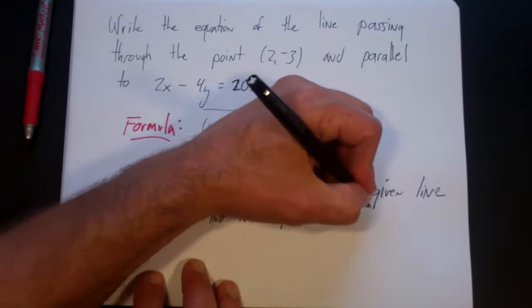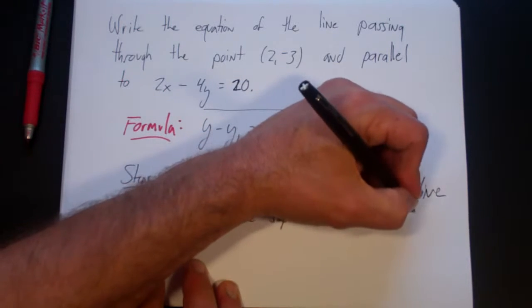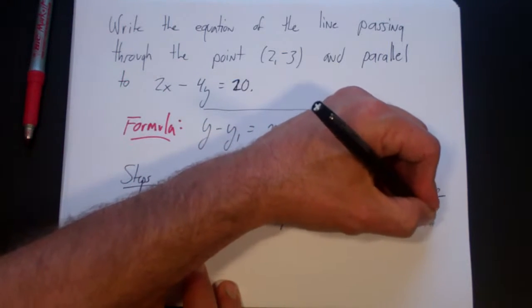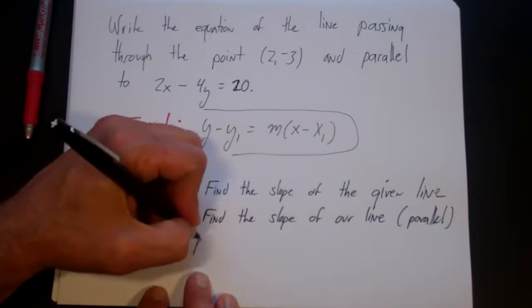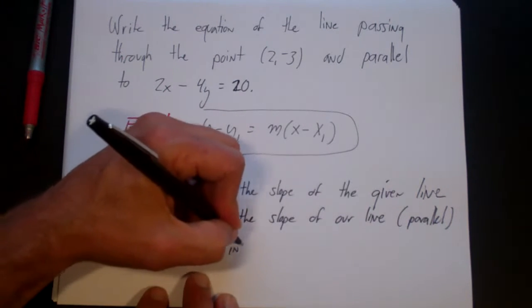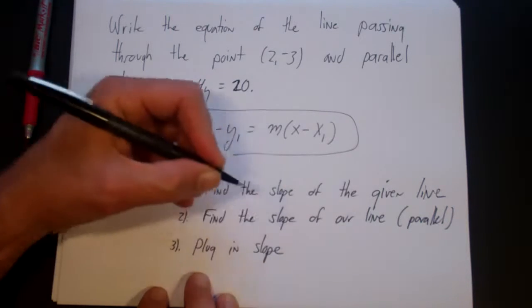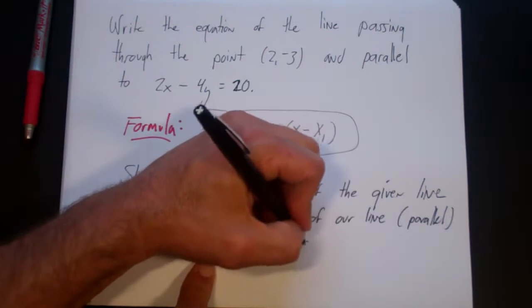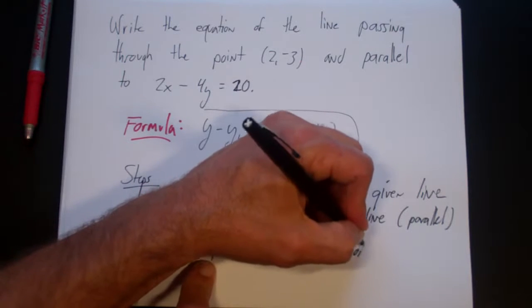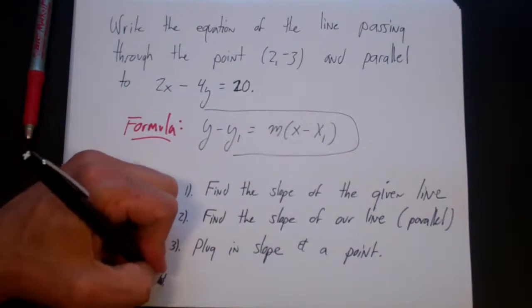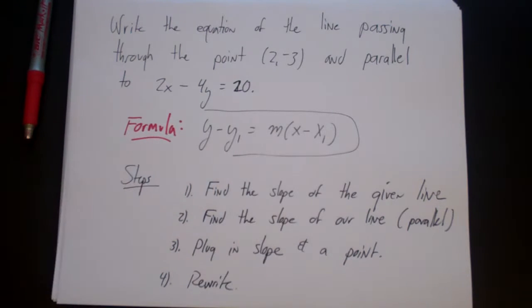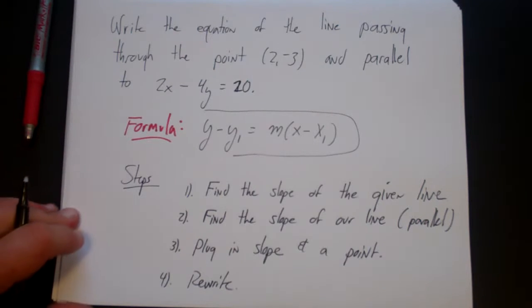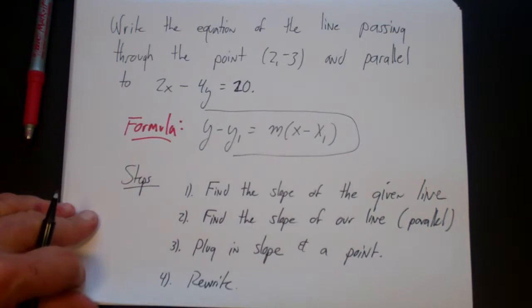So I'll call it our line, which is parallel. And then the third step is you're going to plug in the slope from step 2 and a point. And then 4, you're going to rewrite it in whichever form that you wish. Again, usually you're going to rewrite it in either slope-intercept form or standard form.